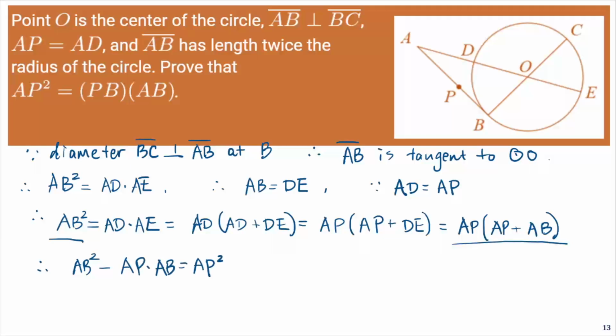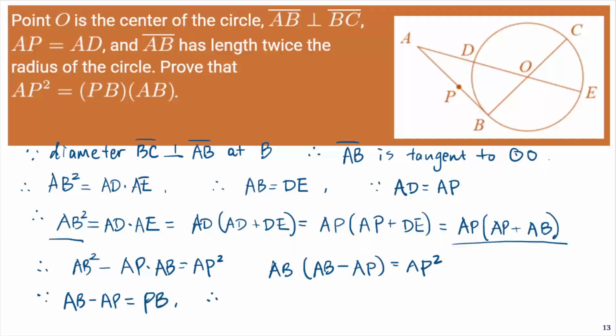So you can factor that to AB times (AB minus AP) equals AP squared. Because we have AB minus AP equals PB, we have the desired expression: PB times AB equals AP squared, right?